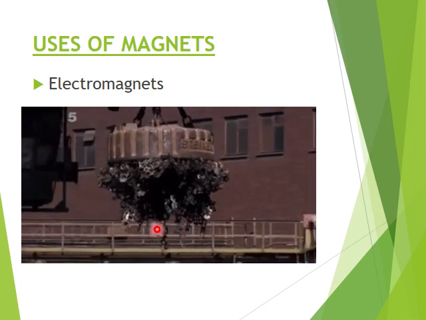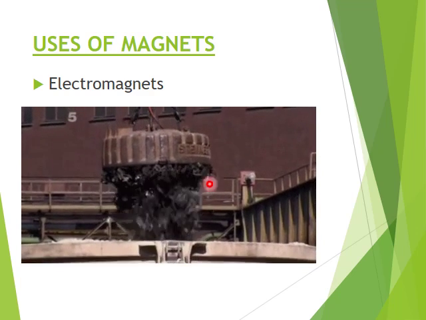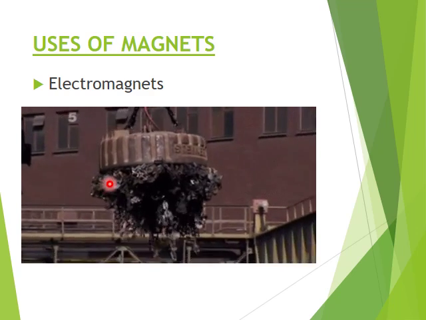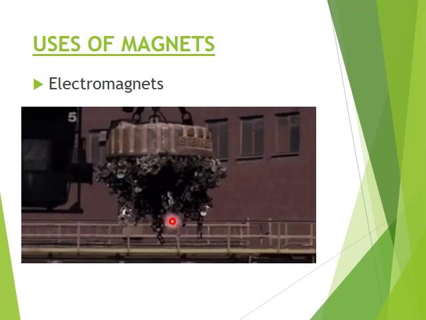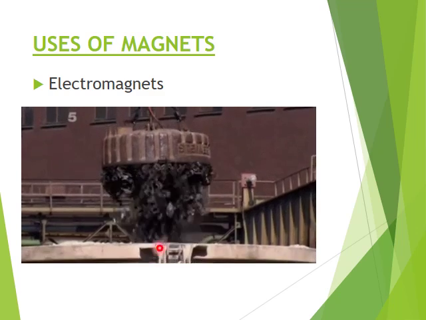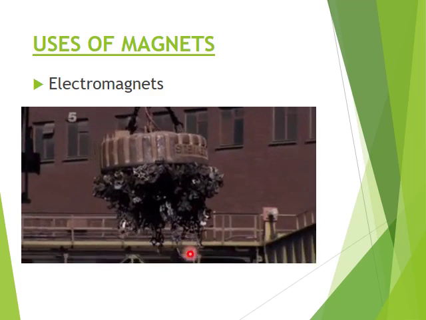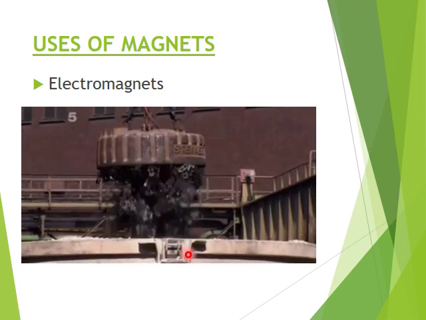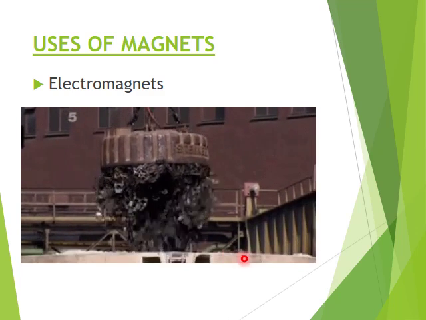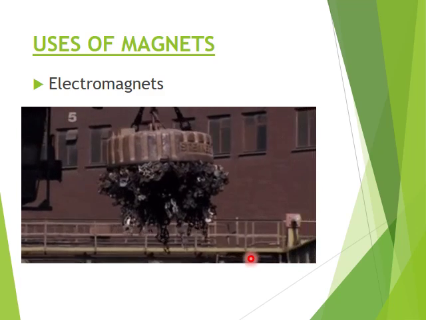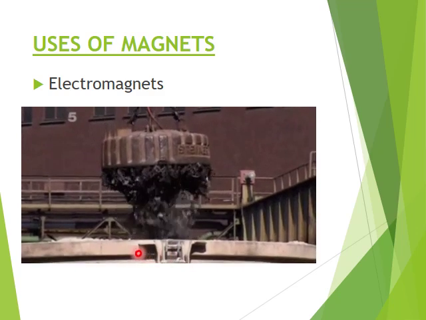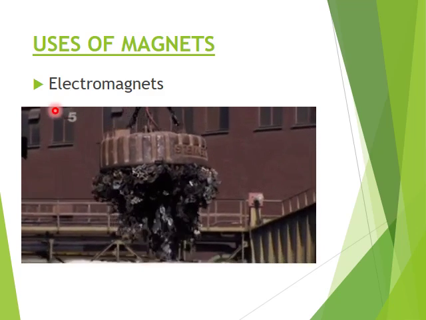In this picture the electromagnet is used to pick up iron scrap or steel scrap in the scrap yard. So you can see the use of an electromagnet in this picture.